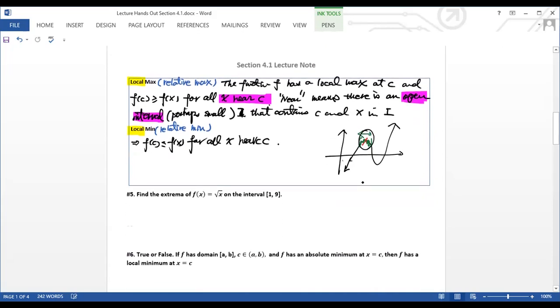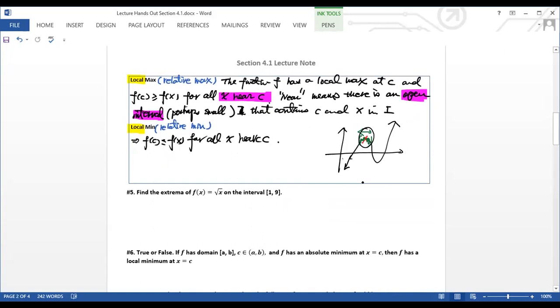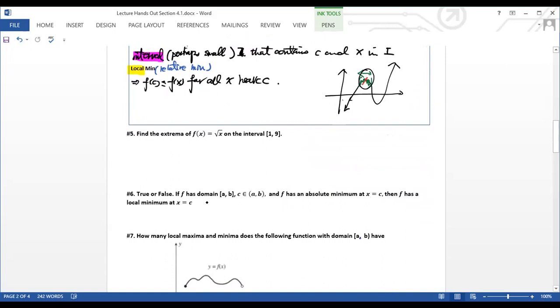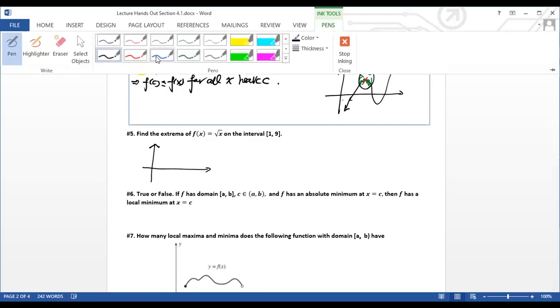All right, so now let's take a look here. Find the extrema for f of x equals square root of x on the interval 1 to 9. I think this belongs to the absolute max and absolute min.